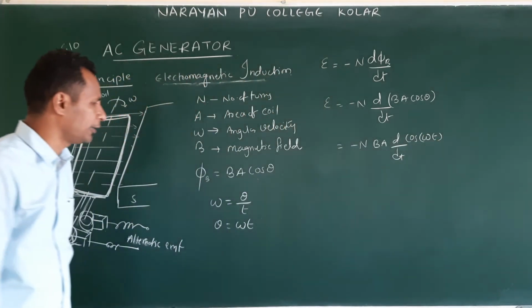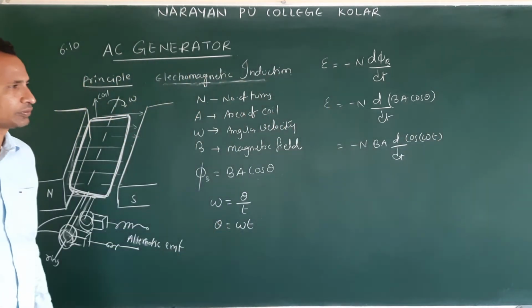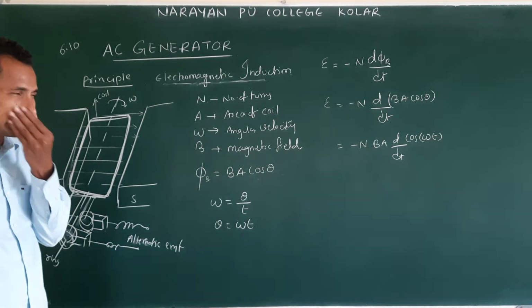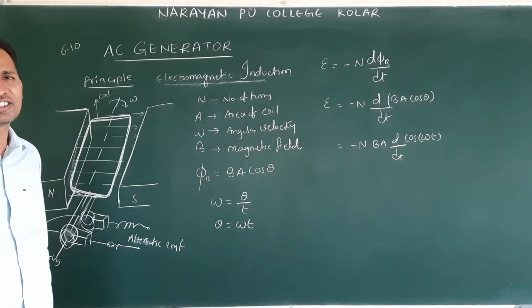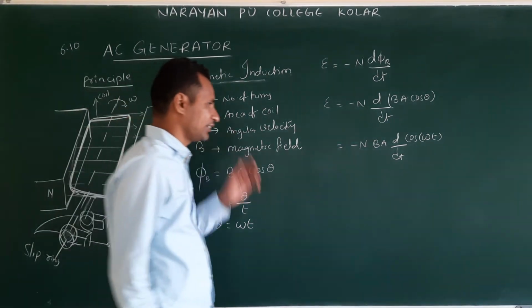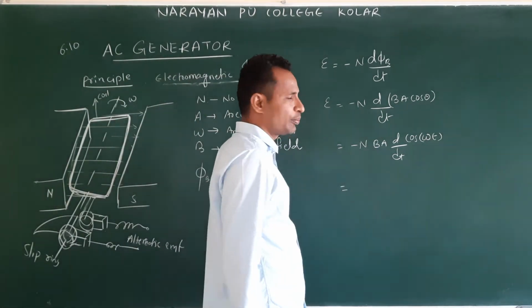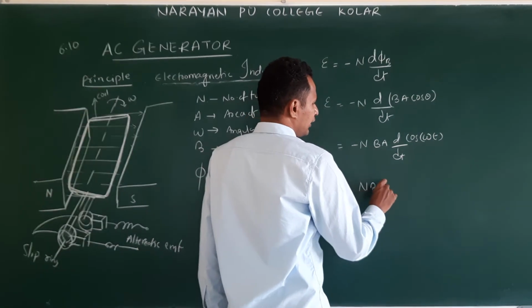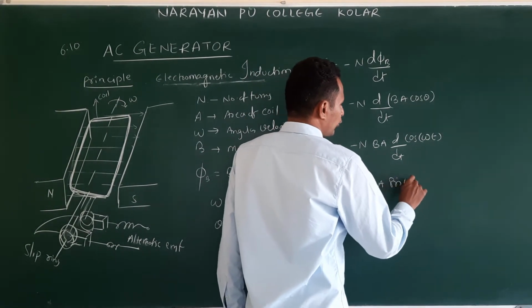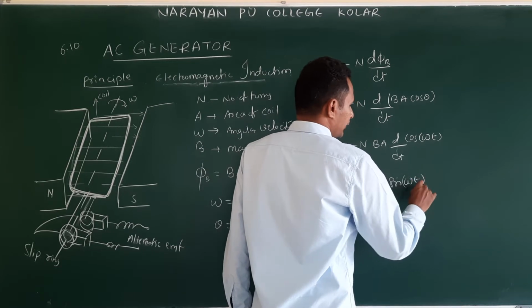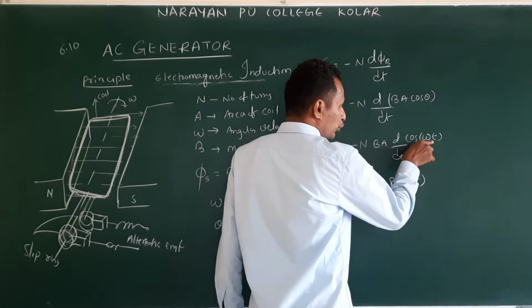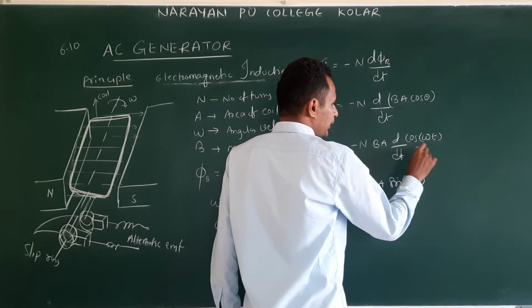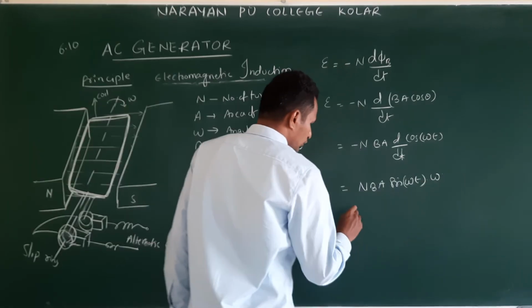Instead of theta, write omega t. Okay. What is the differentiation of cos? It is a minus sign. Am I correct? That minus and this minus become plus NBA sin omega t. Here we have omega t. Omega t differentiation with respect to t is omega. So how do we write this?